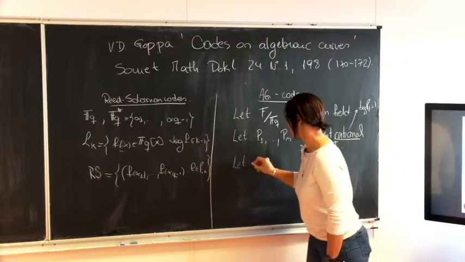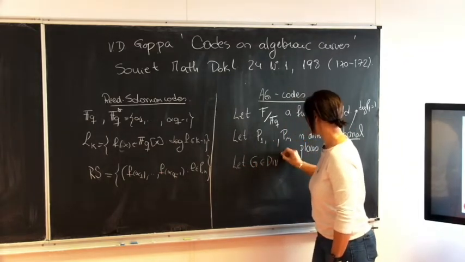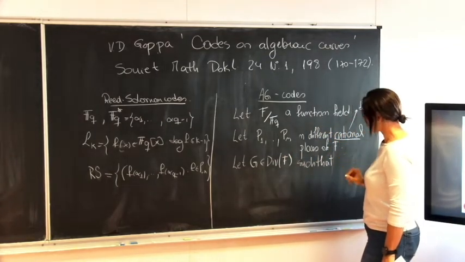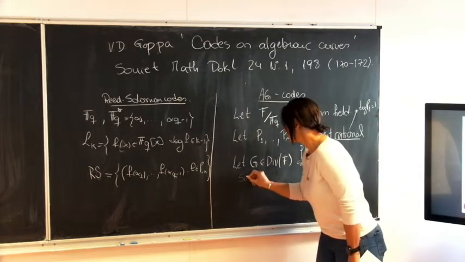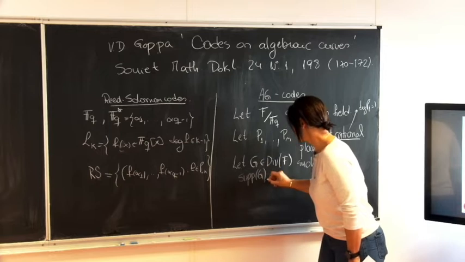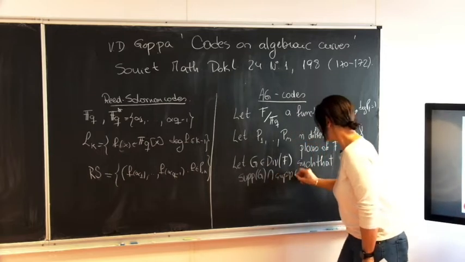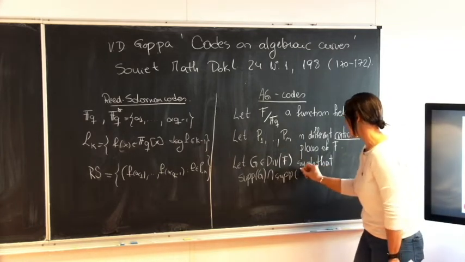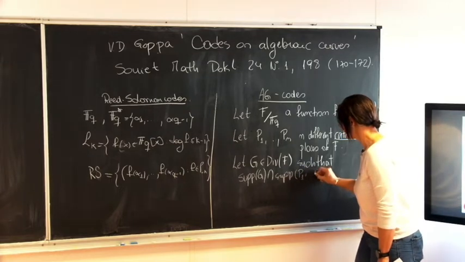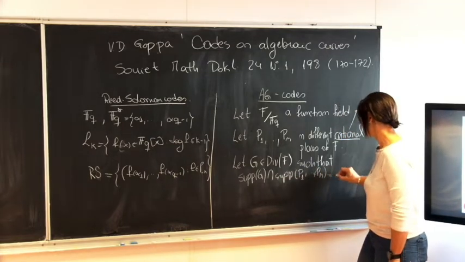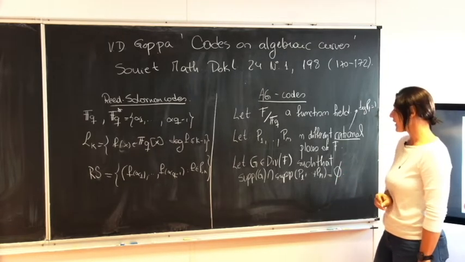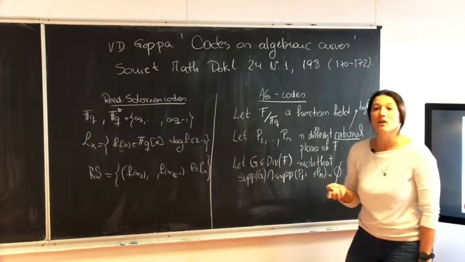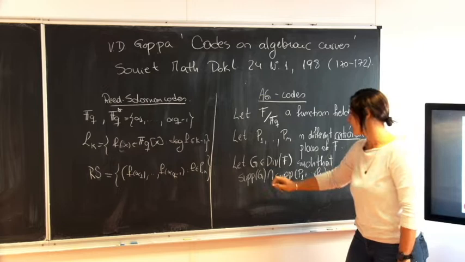So let G be another divisor of F such that the support of G and the support of the divisor that I call D, which is the sum of all the rational places P_1 plus ... plus P_n, have nothing in common.